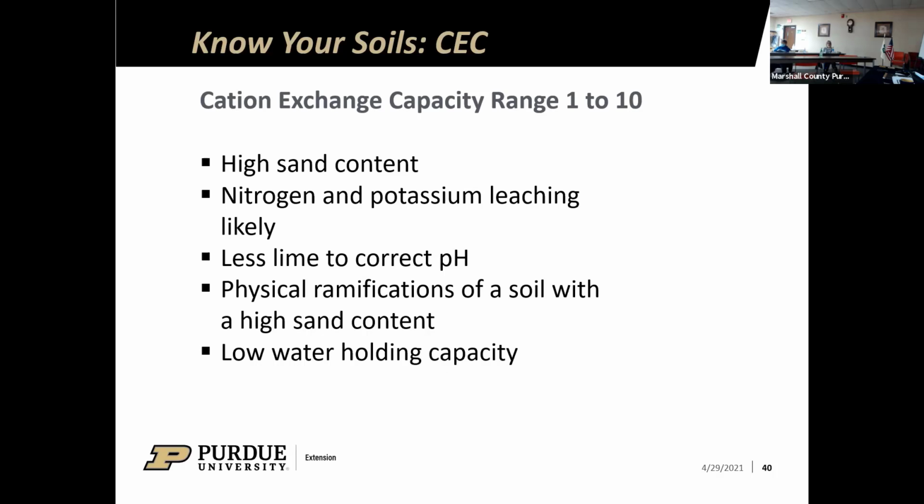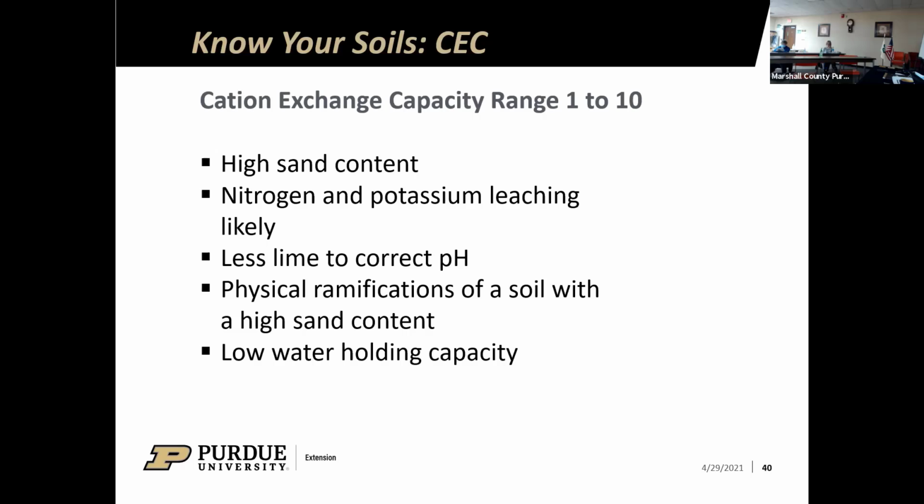So a range of this measurement, which is on a soil test, of 1 to 10 would indicate a high sand content. Nitrogen and potassium leaching is likely, because we don't have the ability to hold on to the potassium or the ammonium form of nitrogen.